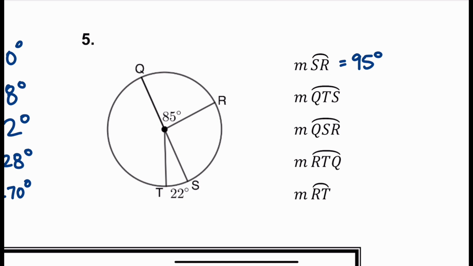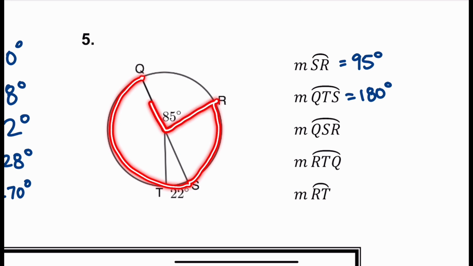Okay, now the measure of QTS. Going from Q to T to S. Half a circle, easy, 180. QSR, starting with Q, going to S, ending with R. Now, this is the majority of this circle. I want all of it, but I do not want this 85 degrees.